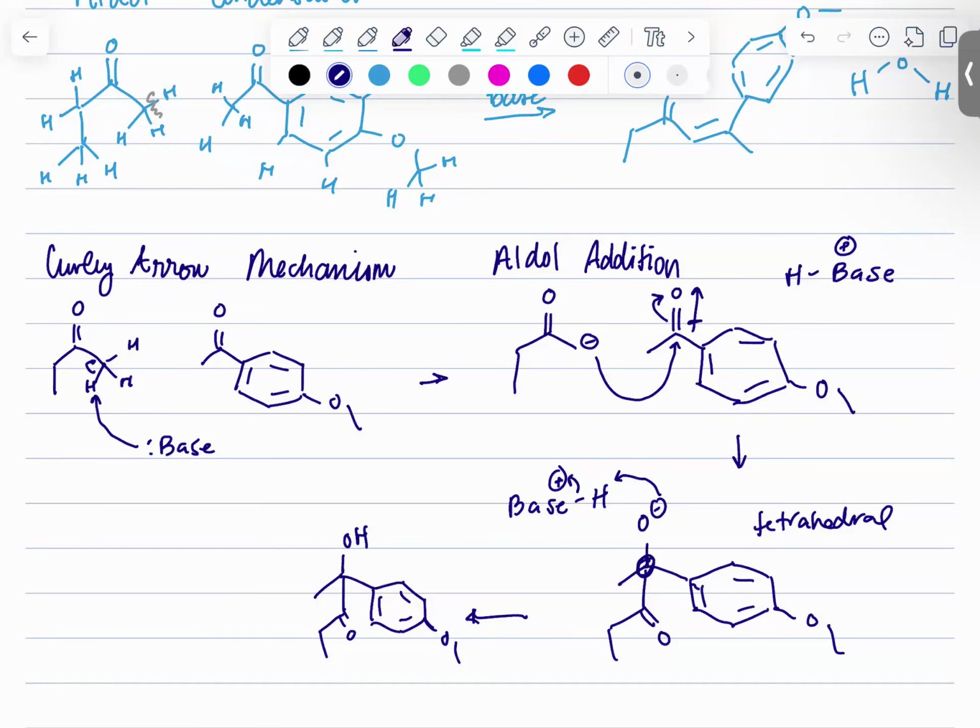So next we have the part that makes it a condensation. Any guesses what our next step is going to be?